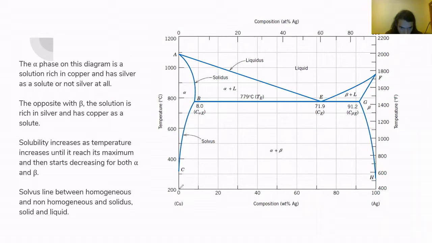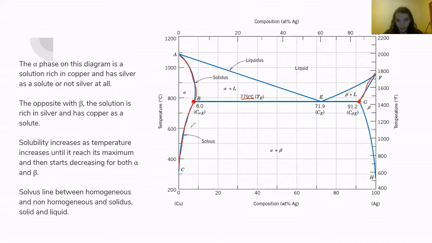As you increase the temperature, solubility increases until you reach the maximum solubility point for both alpha and beta. And this point is at 779 Celsius degrees. And after you increase the temperature more, the solubility will actually decrease.